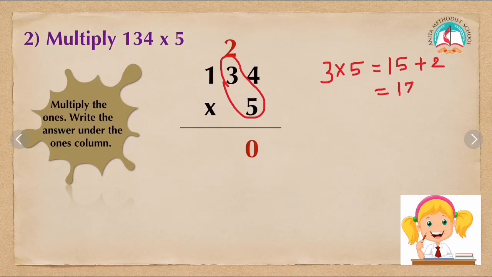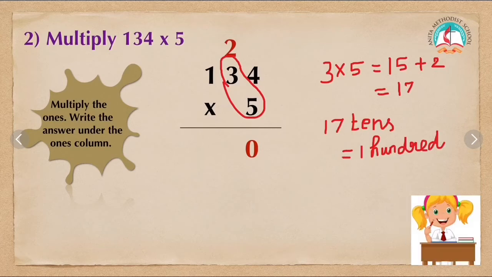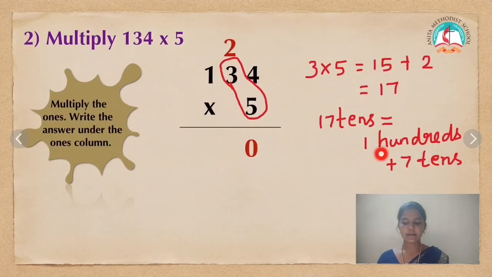That is 17 tens, which is equal to 1 hundred plus 7 tens. Now I can carry over this 100 to the hundreds place and keep the 7 tens in the tens place. Okay, so write 7 in the tens place, carry over 1 to the hundreds place.